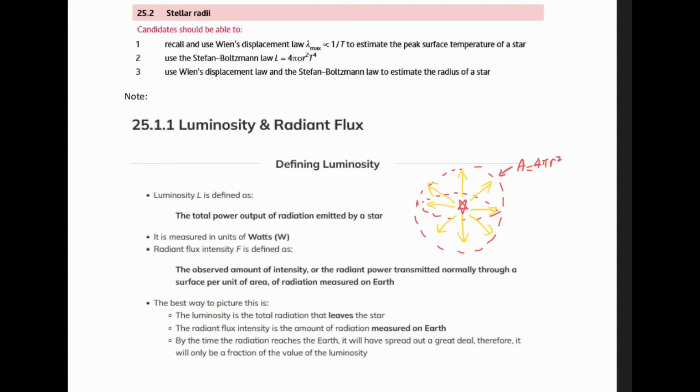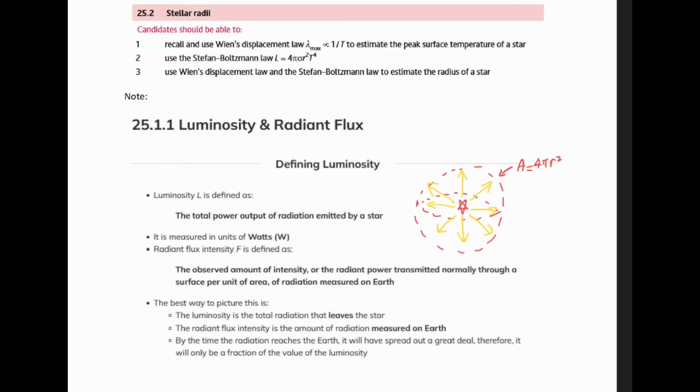Is this whole thing a star? The star is just this part, the middle. Then it emits light in all directions, and there is a sphere that has a particular surface area.